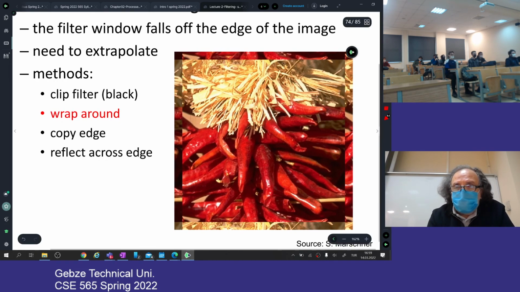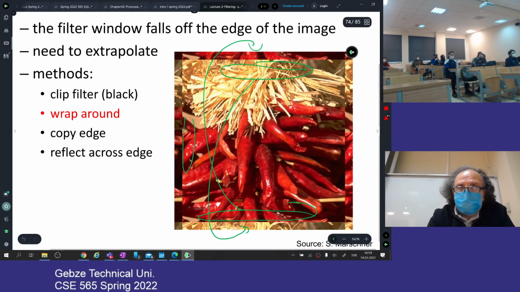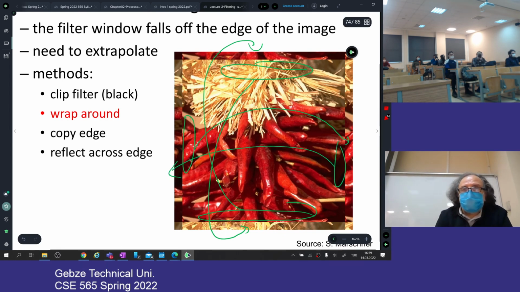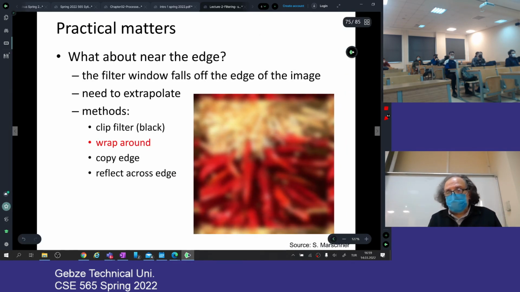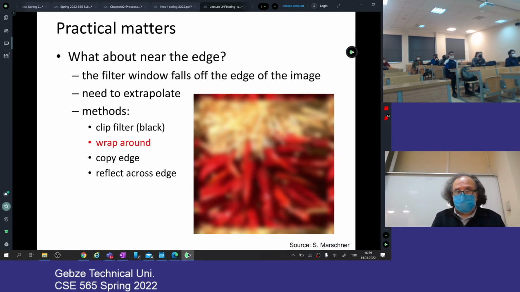So take some part of your image like this and put it there, and take this part and put it here, from left to right and from right to left, right? So this is called wrap around. So you made your image a little bit larger, and now you apply your filter, you will get this. This would be your final result. Okay? This is called wrap around.